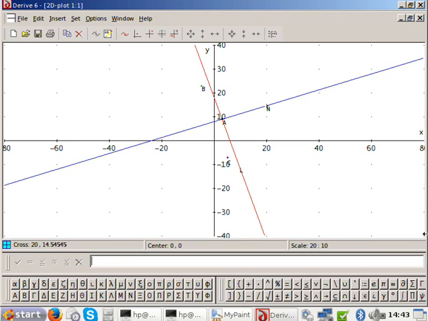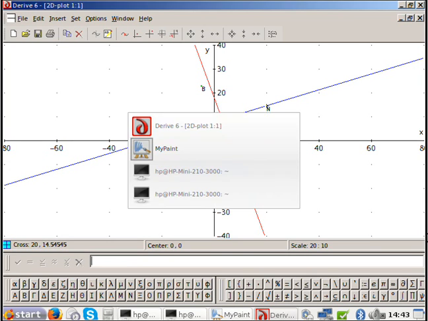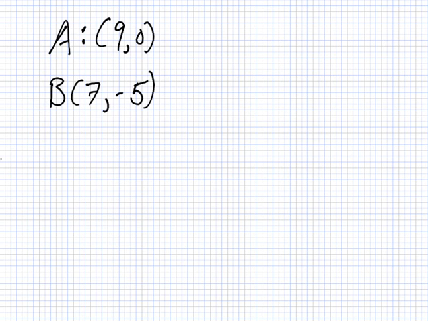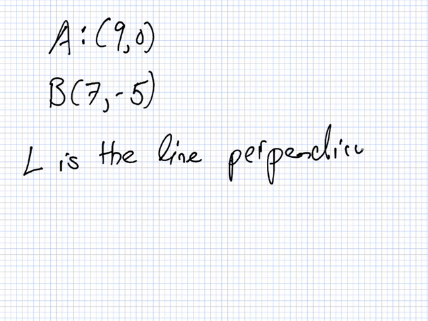Anyways, let's go on to another question. I'll let you try. Let me give you here A is 9, 0 and B is 7, minus 5. So I say L is the line perpendicular to AB.